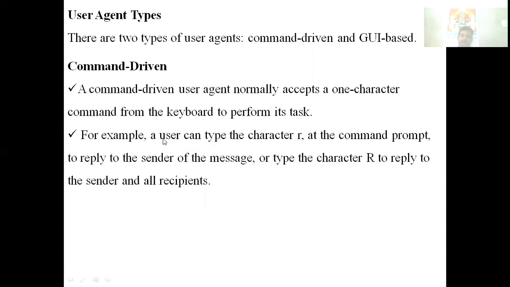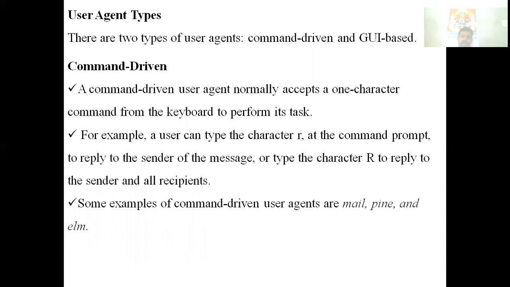For example, a user can type R at the command prompt to reply to the sender of the message, or type another character to reply to the sender and all recipients. Some examples of command-driven user agents are Mail, Pine, and ELM.